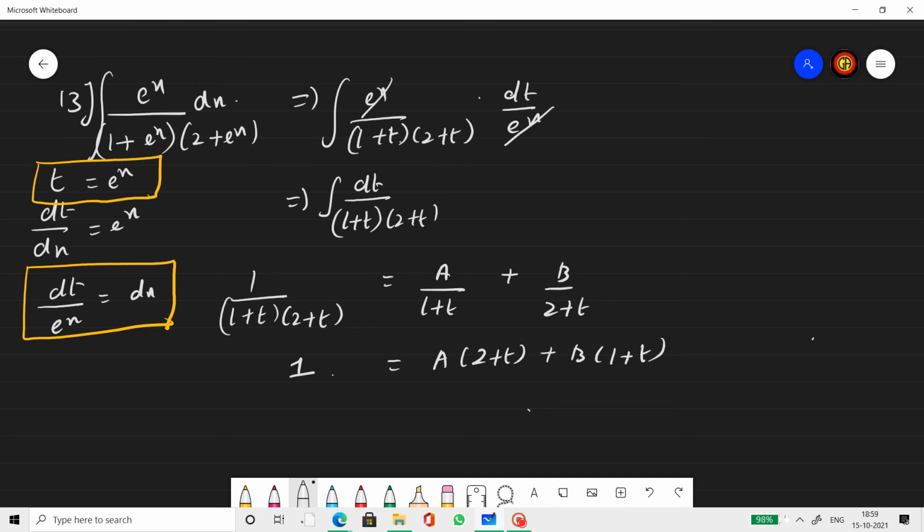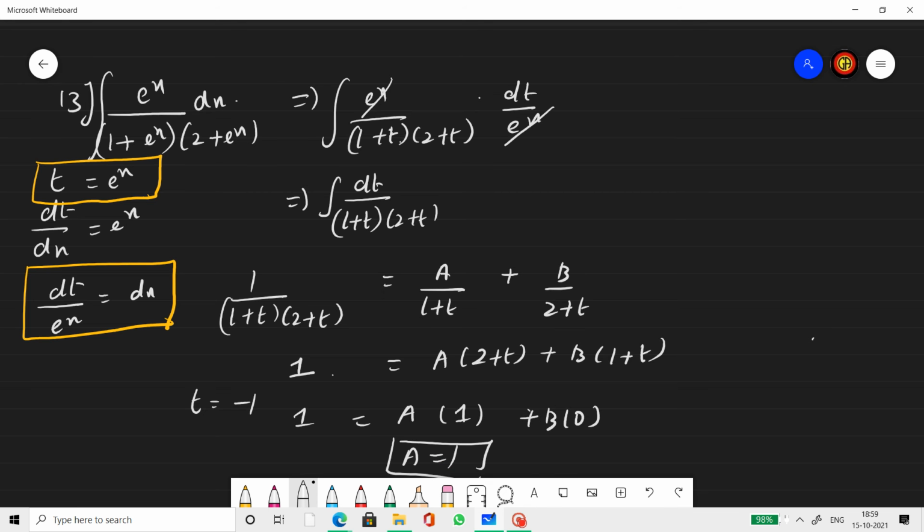The denominator will get cancelled. I am not doing that step, so you come to this step straight away. Now utilizing the factors given, when t is minus 1, 1 equals a into 1 plus b into 0. Therefore a value is 1.